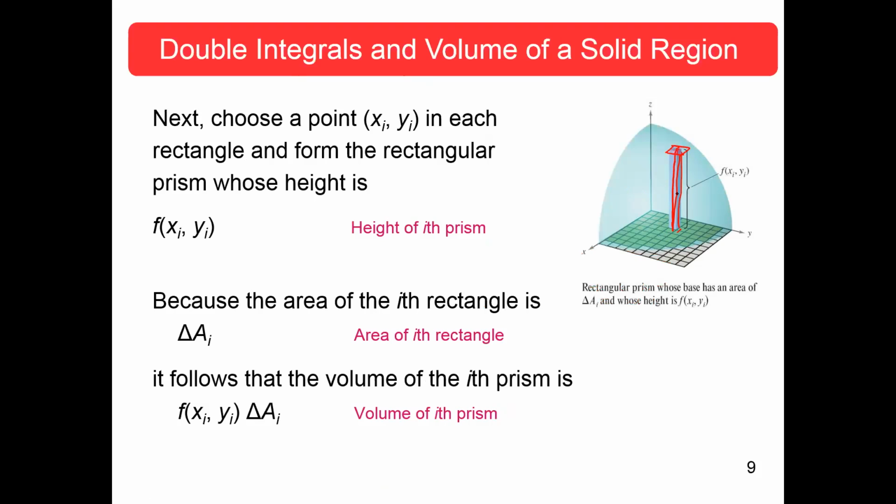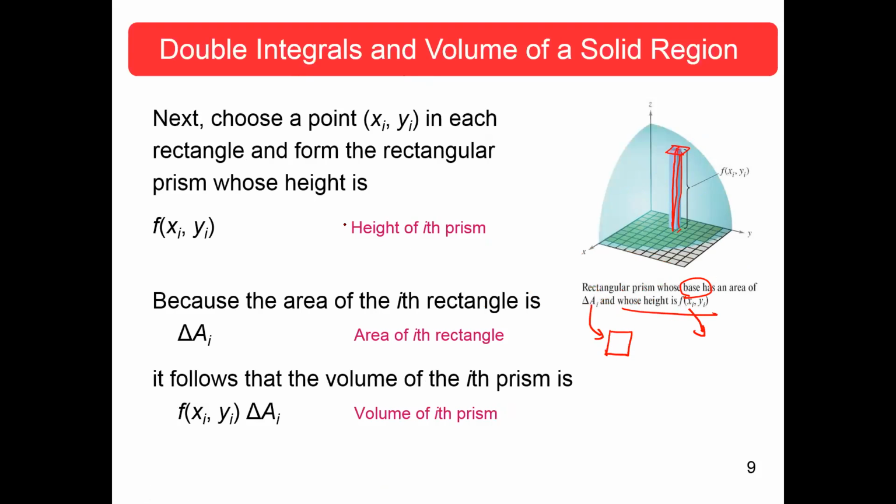Can you guys see this? Okay. So this is a rectangular prism, which has a base. The base will just be a rectangle, as we mentioned, and whose height will be the function value. So the height is the function value, and the base will be a rectangle looking like this.